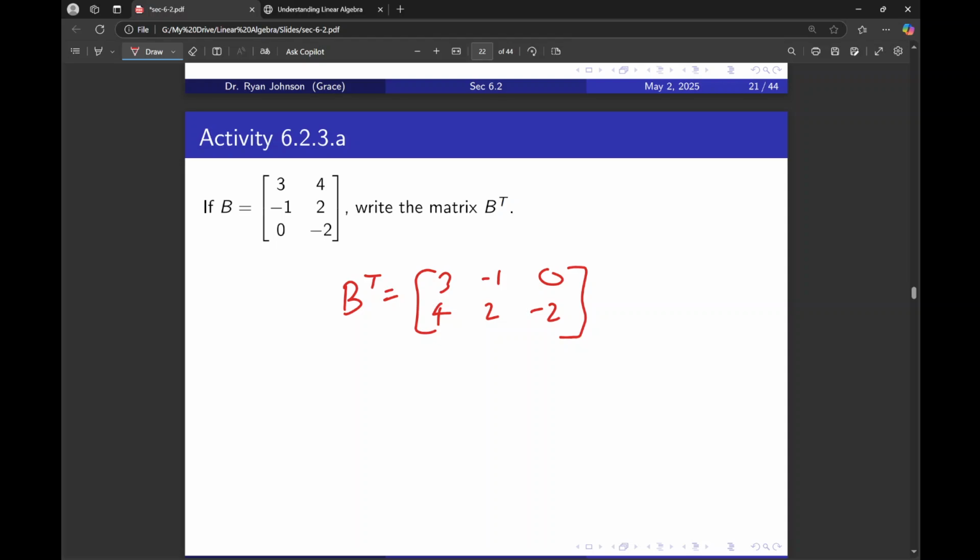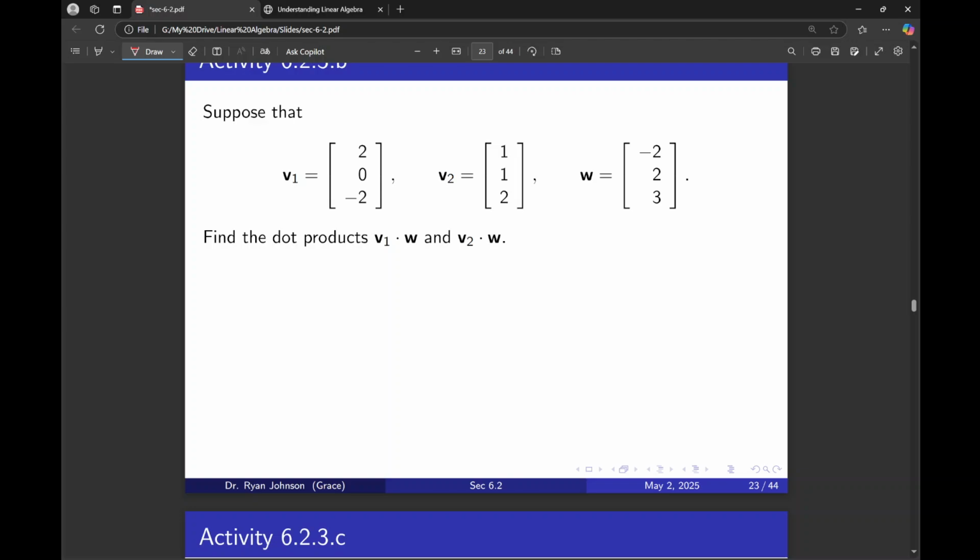So our rows become our columns and our columns become our rows. So here I've got these two columns here, they now become these rows here. Okay? Suppose that V1 is that, V2 is that, and W is that. Find the dot products. V1 dot product with W and V2 dot product with W.